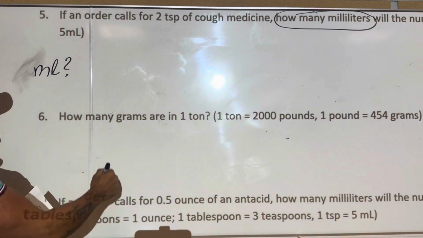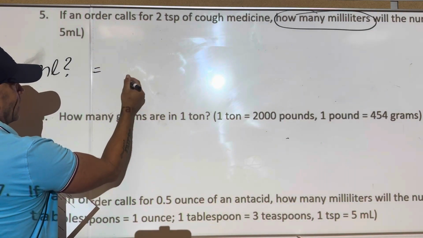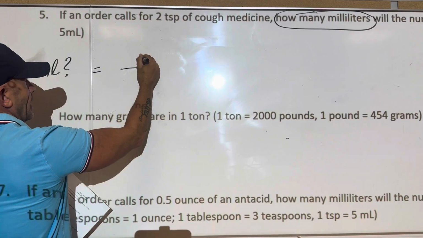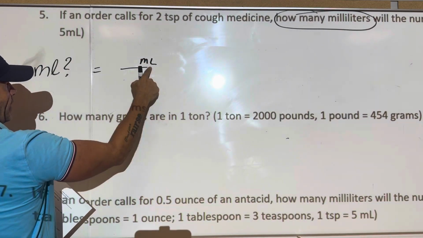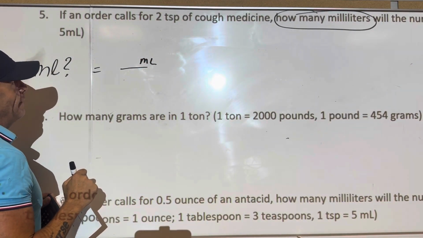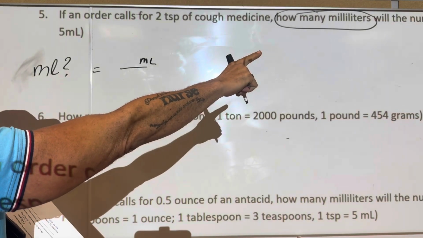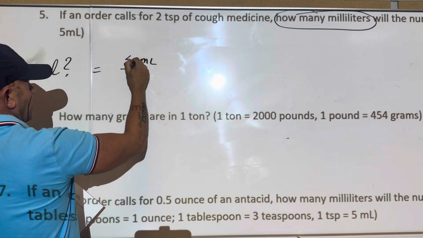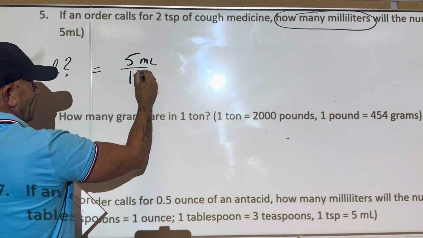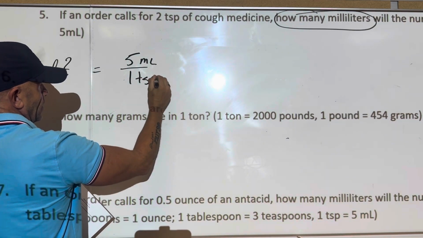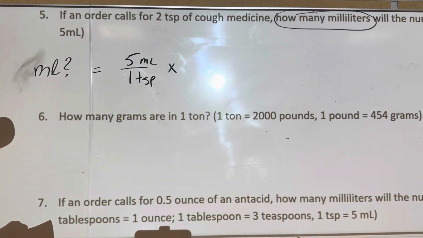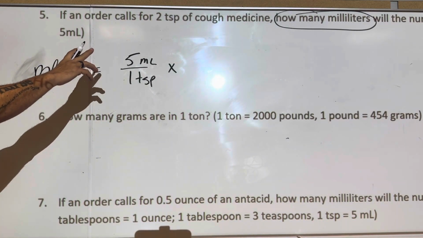So, what do we start off with? Our first fraction is going to be mLs because that's what we're looking for. It gives us 1 teaspoon equals 5 mLs. So, 5 mLs is 1 teaspoon. Then we multiply that. Now what do we gotta look? Well, they're asking how many teaspoons. They give us 2 teaspoons.